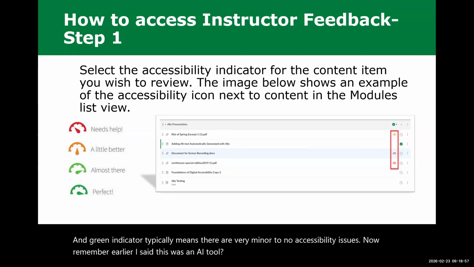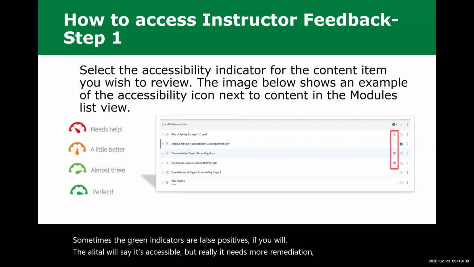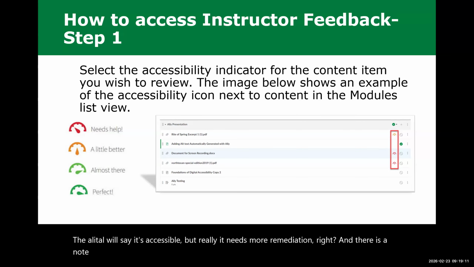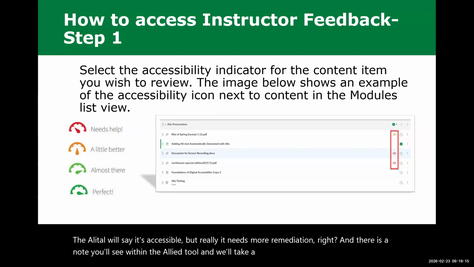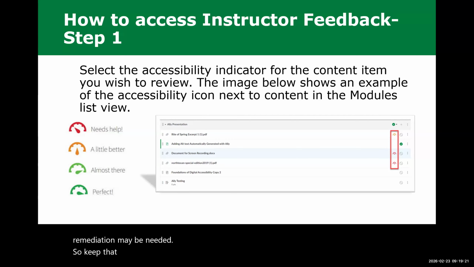Sometimes the green indicators are false positives, if you will. The Ally tool will say it's accessible, but really it needs more remediation, right? And there is a note you'll see within the Ally tool, and we'll take a look, that says it's accessible, but more remediation may be needed. So keep that in mind when you're making changes that the green gauge can sometimes be a false positive.